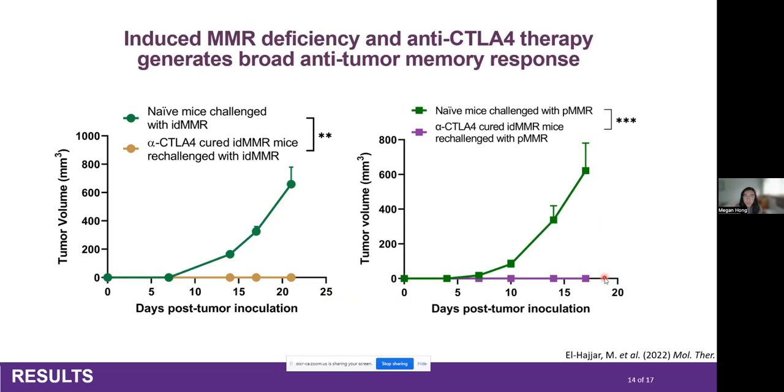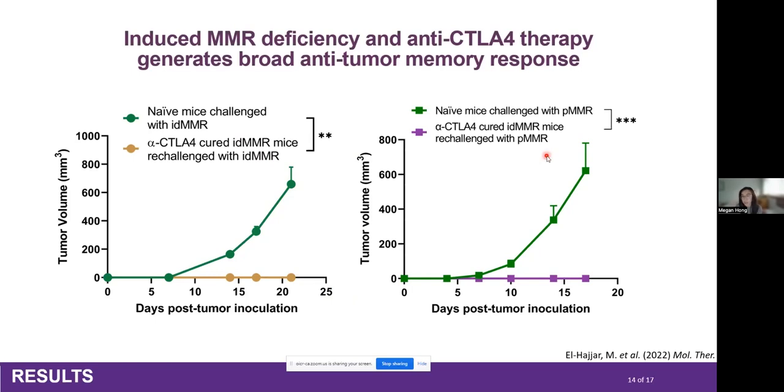So this induction of mismatch repair deficiency in combination with anti-CTLA-4 not only generated a pretty robust anti-tumor immune memory response against these induced mismatch repair deficient cells, this memory response was quite broad as it was able to act on these mismatch repair proficient cells that are less immunogenic.